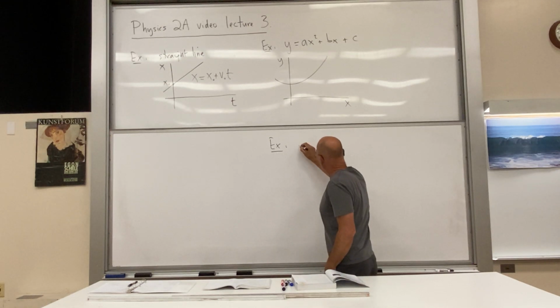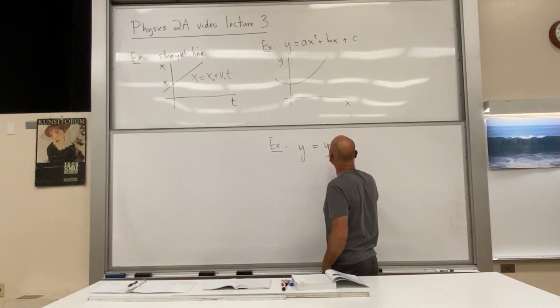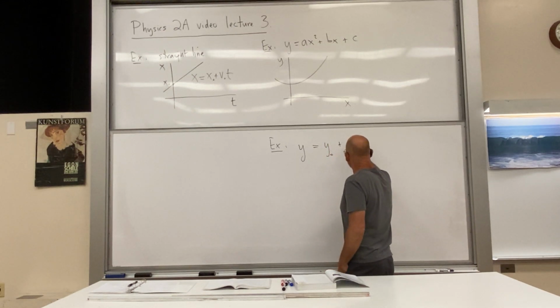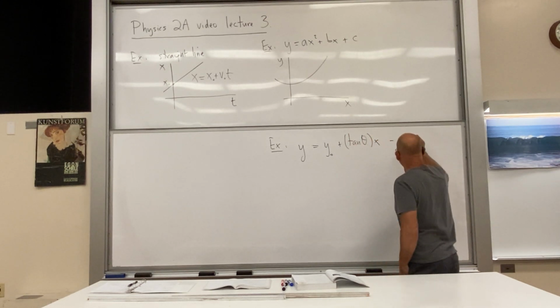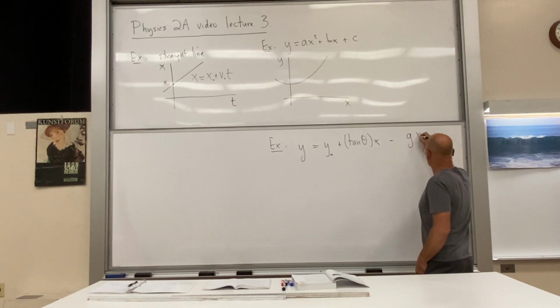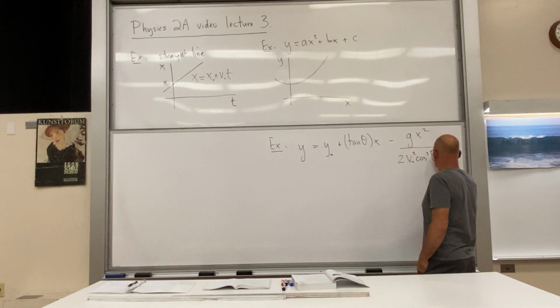Okay, get ready. y equals y sub 0 plus tangent theta x minus g x squared over 2v0 squared cosine squared theta.